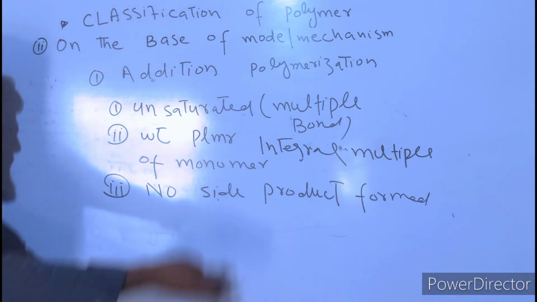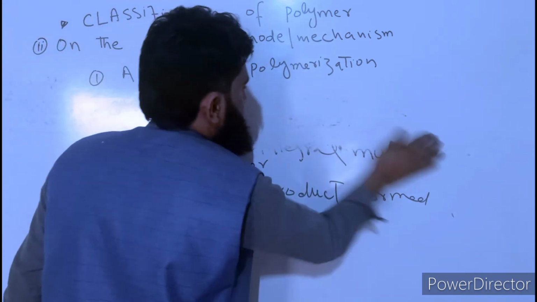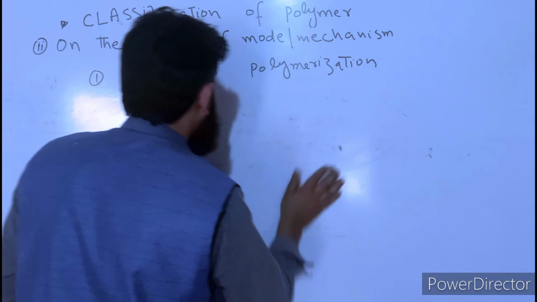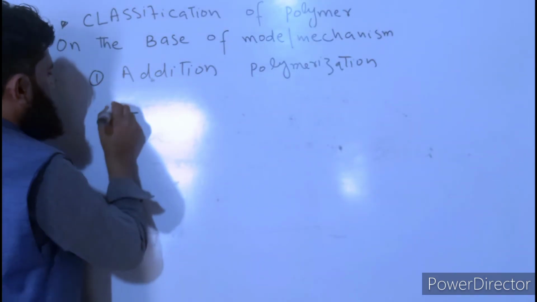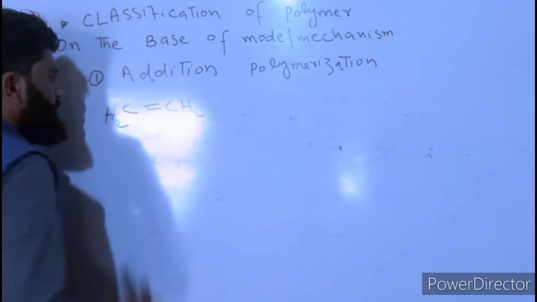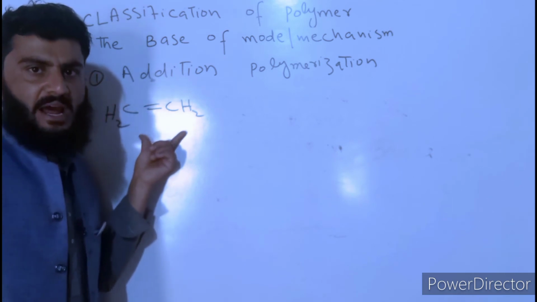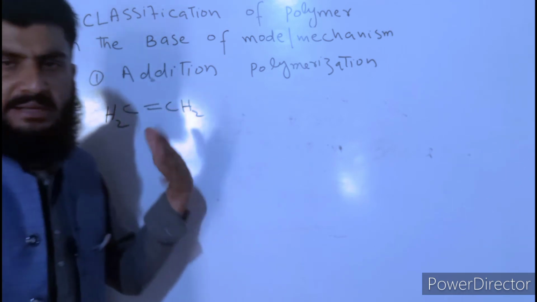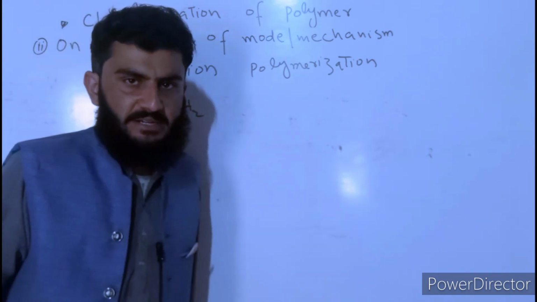Okay, so now if we take a simple example, that is ethylene, you know that this is an alkene having a multiple bond, that is a double bond, and it is basically unsaturated in nature.